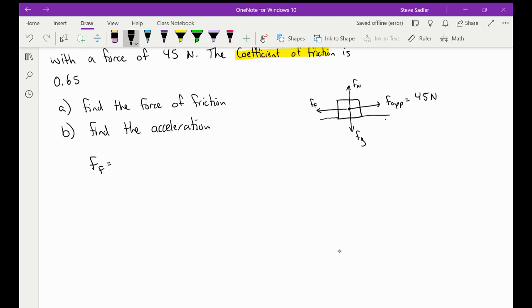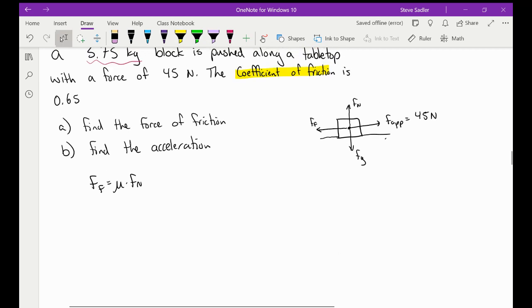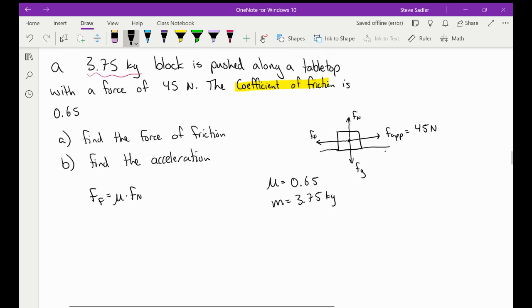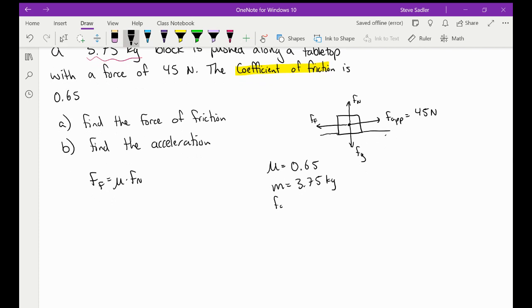Force of friction is equal to mu multiplied by normal force. Well, we know that mu is 0.65, mass is 3.75 kilograms, and force applied is 45 newtons. That's what we know. We're looking for force of friction and eventually acceleration.